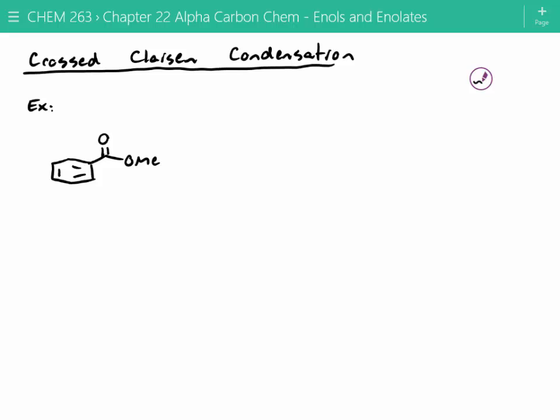What's the name of this ester? Yeah, methyl benzoate, right? Remember, you name the alkyl group coming off of your oxygen, and then you name the parent after that. So this would be methyl benzoate. And we can react this with a second ester.